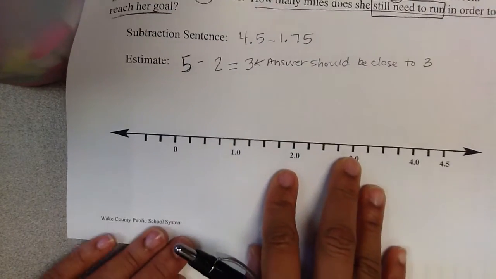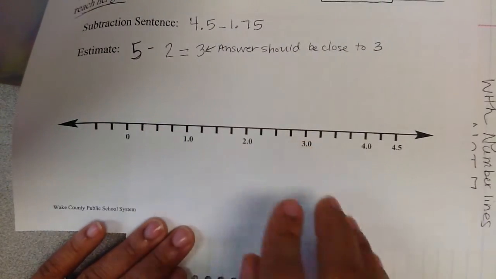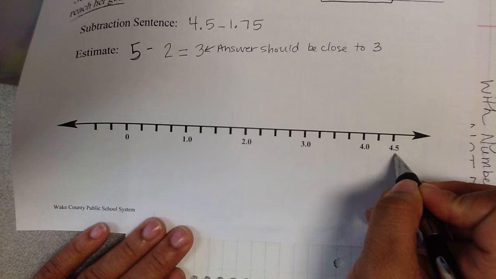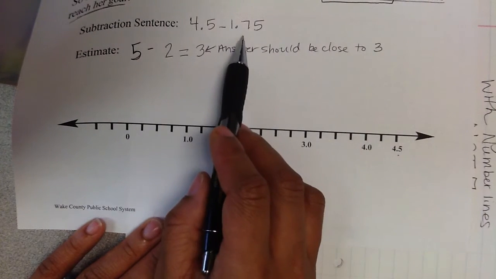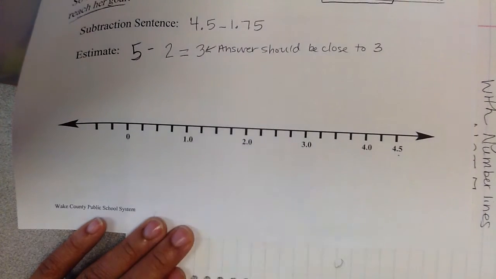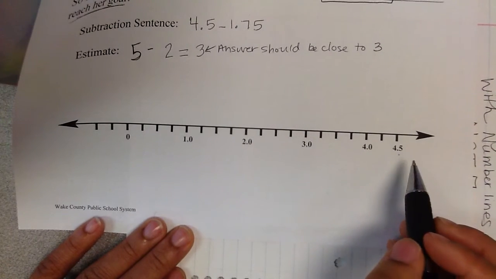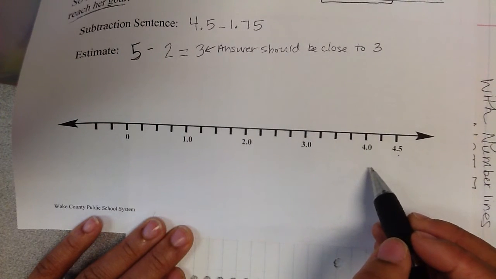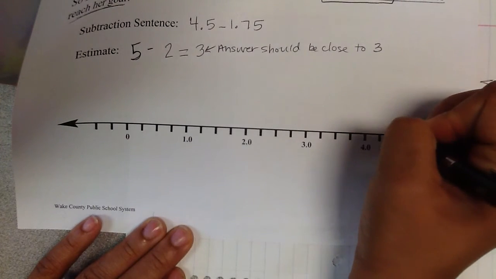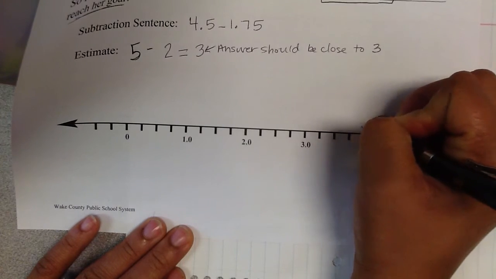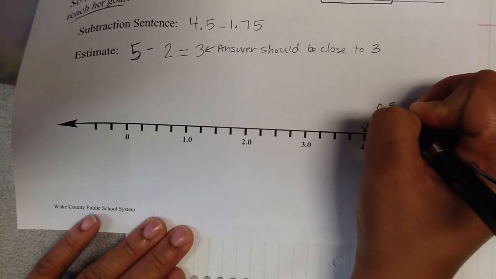Okay, so my number line here they've laid out for me, and it ends in 4 5/10, because that's what I'm starting with. And I know I have to count back 1 whole and 7/500. Now this one's kind of tricky because I'm having to count back 1 whole. I kind of have to figure out what numbers they have laid out for me. I know if I go from 4 5/10 to 4 wholes, I've subtracted 5/10 at that point.